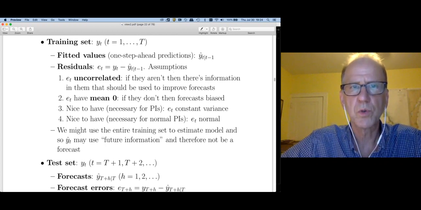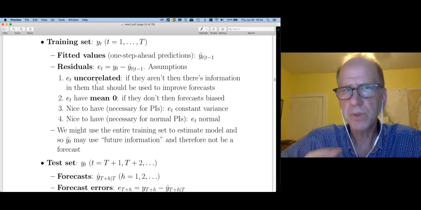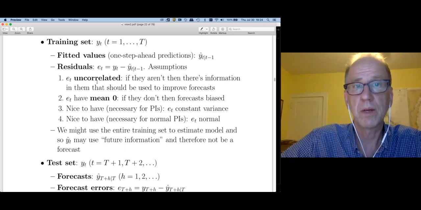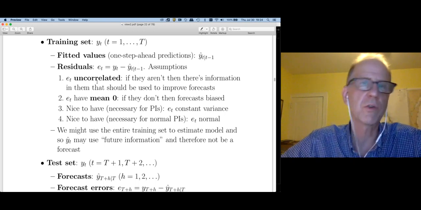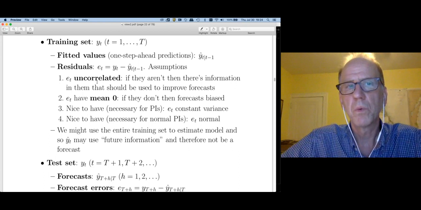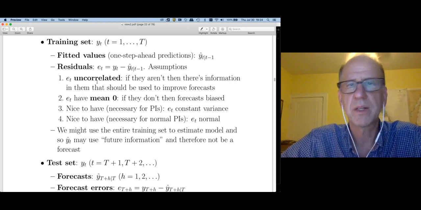Now, there are a couple of assumptions that we're going to be making with our models. The first two are, I'm going to say, strong assumptions. We want our errors to be uncorrelated, because if our errors still have some correlation structure in them, we're leaving something on the table.